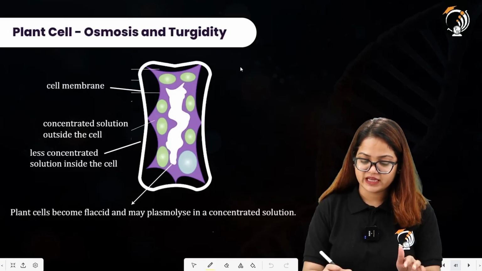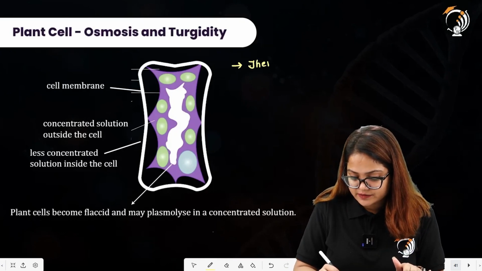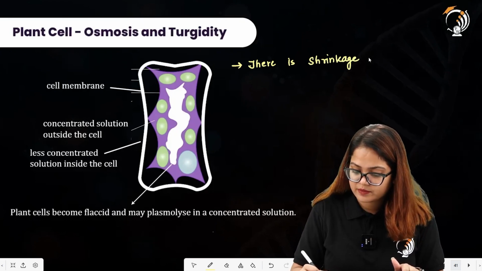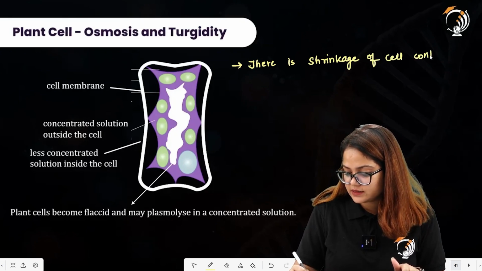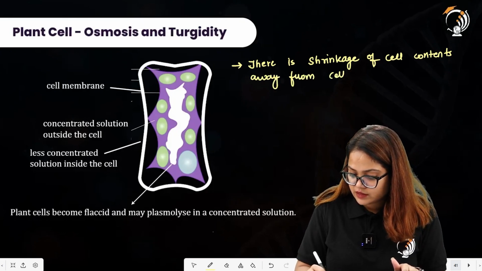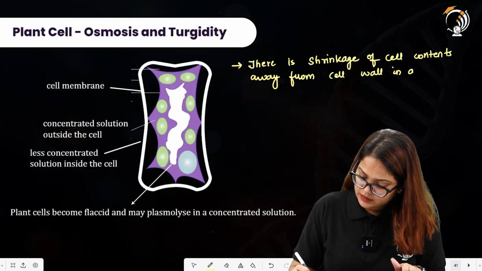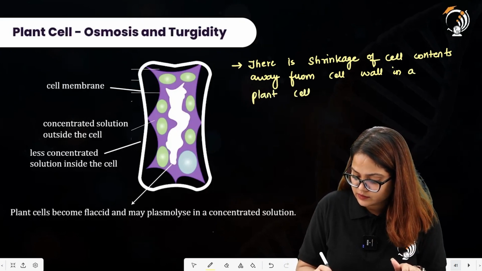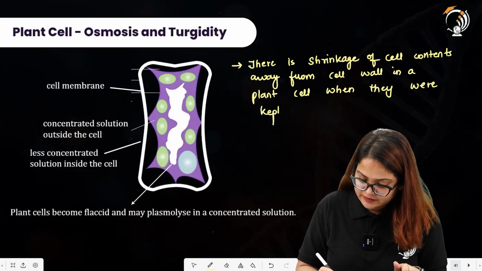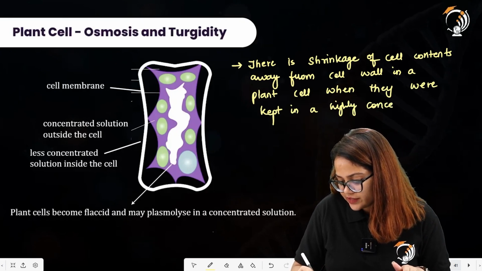Plasmolysis is the terminology that has been given to the process in which there is shrinkage of cell contents away from the cell wall in a plant cell when they are kept in a highly concentrated solution.